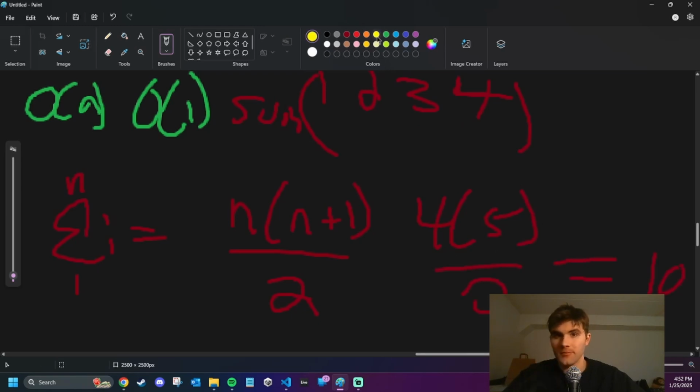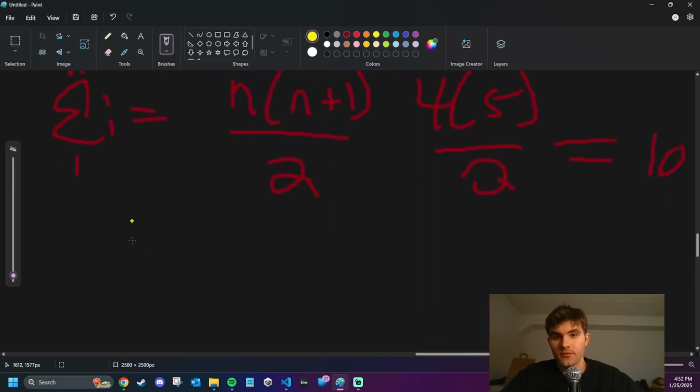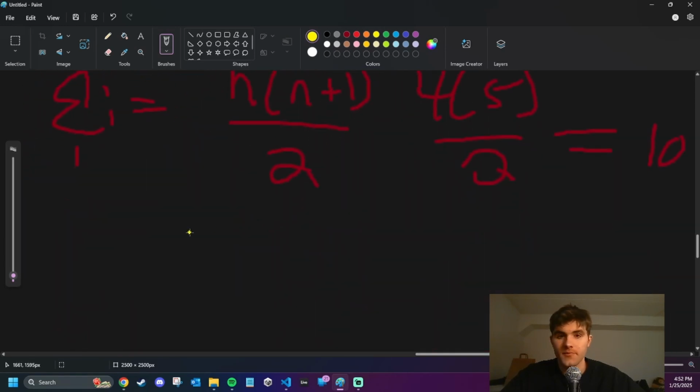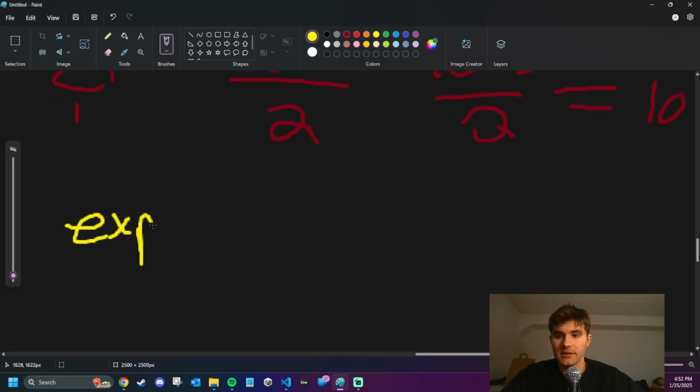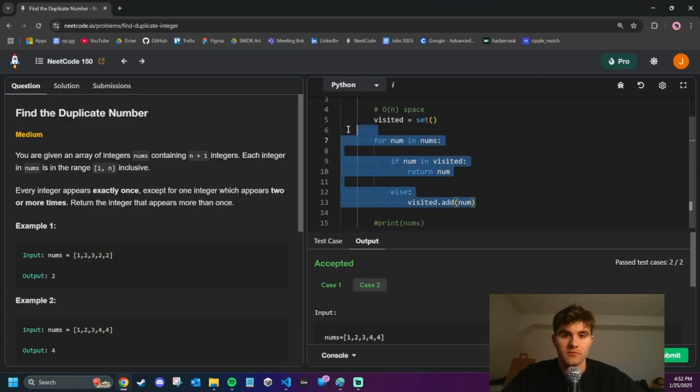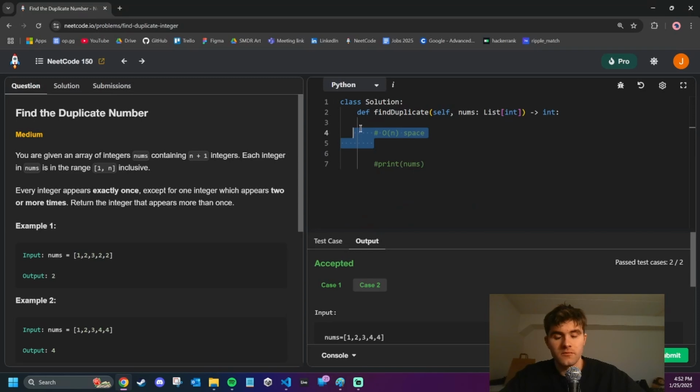Okay. So if we take the sum of all the numbers, we could say the expected sum, and taking the sum is O of n time. So the expected sum should be, we'll say n equals length of nums minus 1.